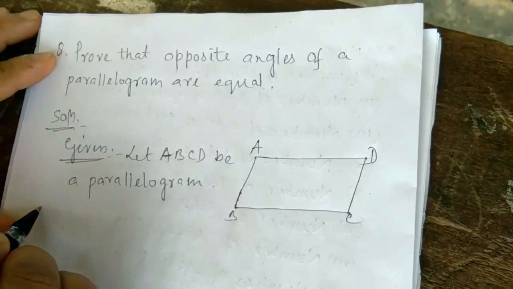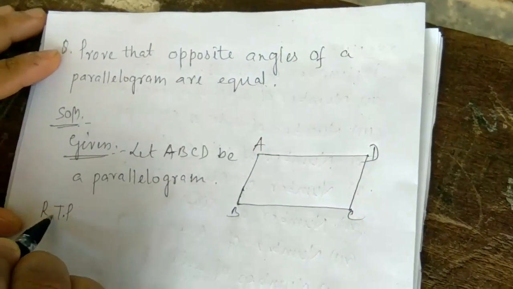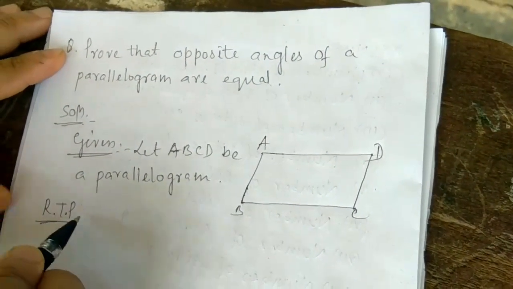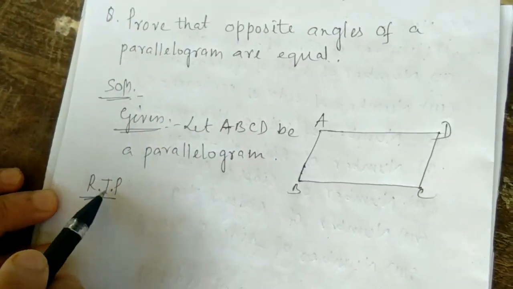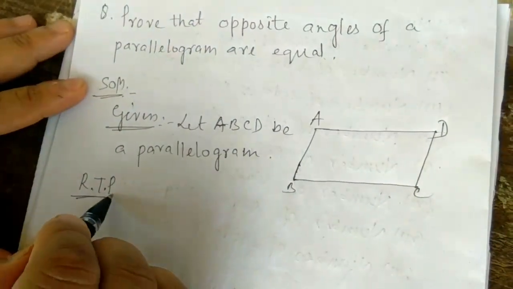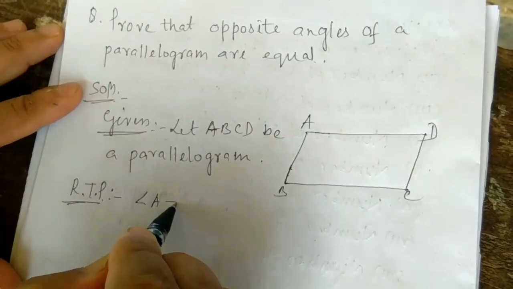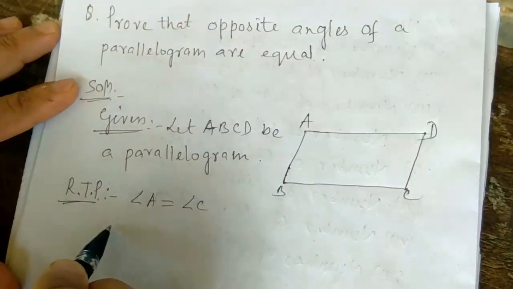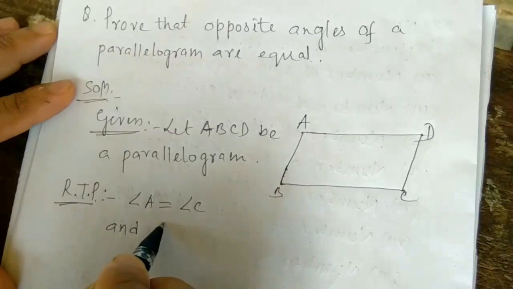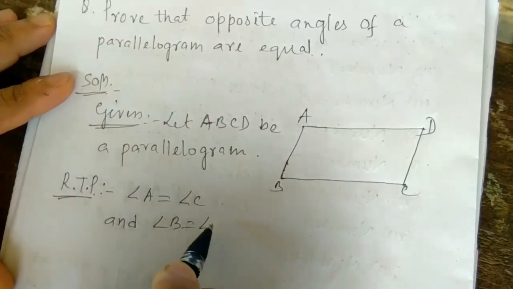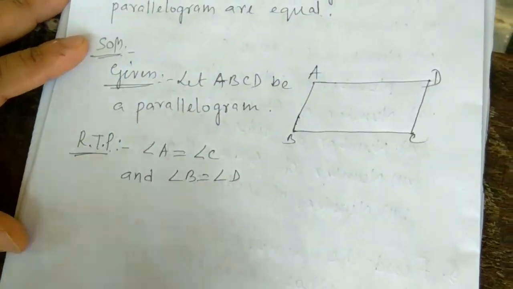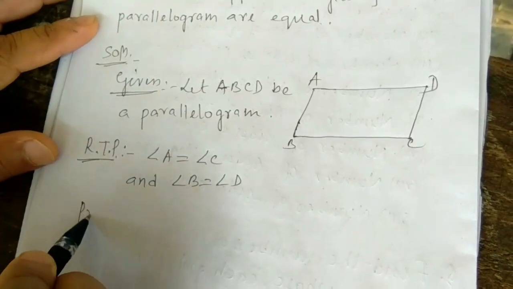RTP means required to prove. What to prove? We'll prove angle A equals angle C and angle B equals angle D. Alright, now see the proof part. How to do the proof?